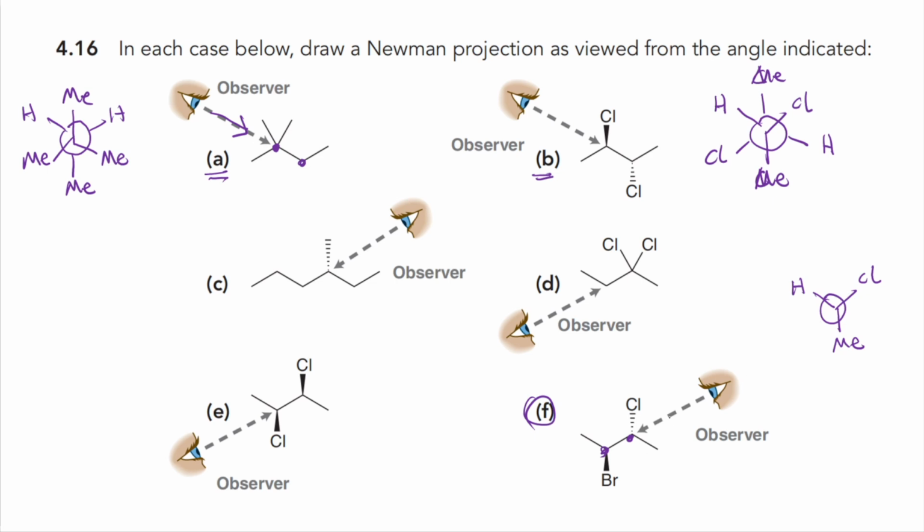And the bromine will be here, the Me and H. Get it? Okay. So you guys can, let's say, work on E. Try to draw.